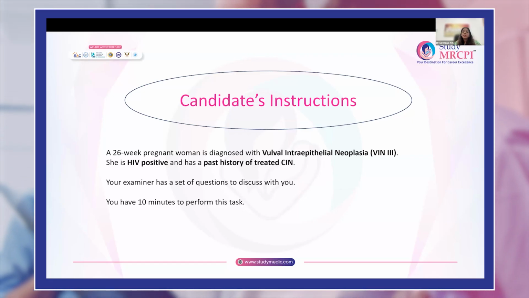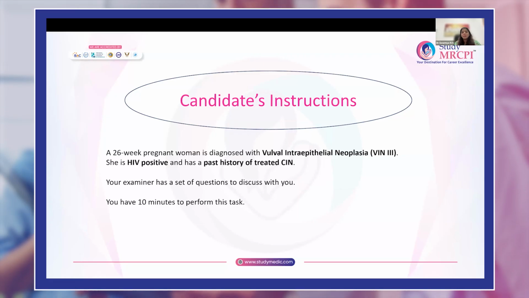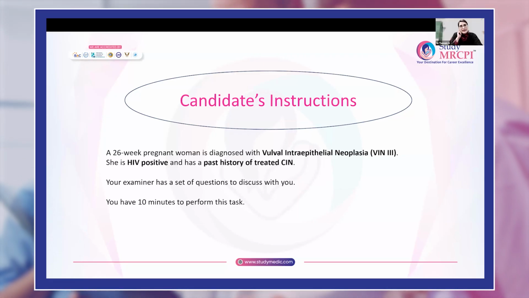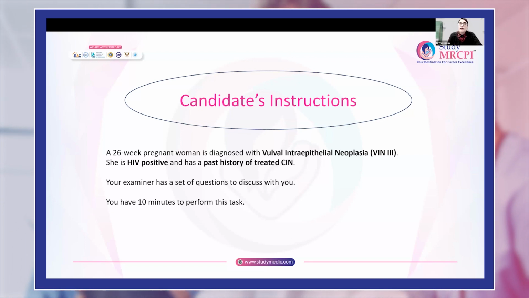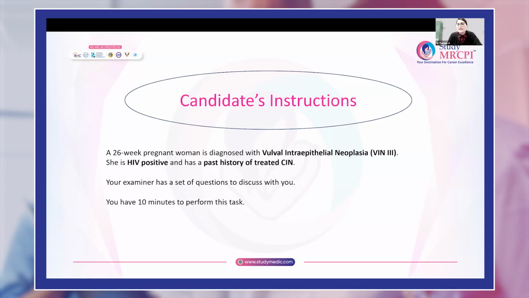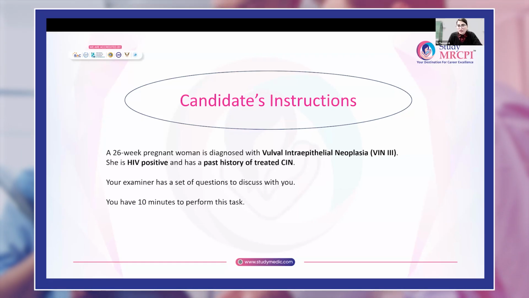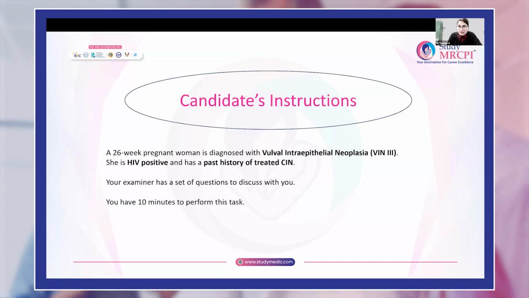Okay. So, what are the differential diagnoses you would keep in mind considering the history of this patient? As the biopsy has already been performed, this is vaginal intraepithelial neoplasia, keeping in view her previous history of cervical pathology. So this can be human papilloma virus related, which is the usual type.